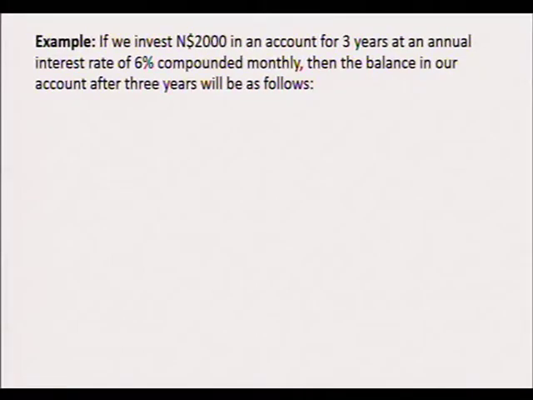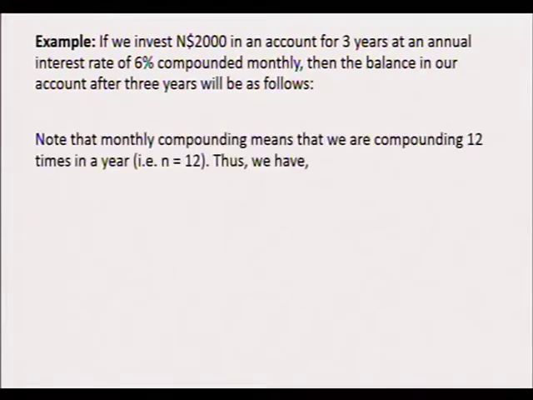But let's also assume that instead of compounding once in a year, we are compounding monthly. Compounding monthly means that we are compounding how many times in a year? 12. So we are compounding 12 times in a year. We get the following.